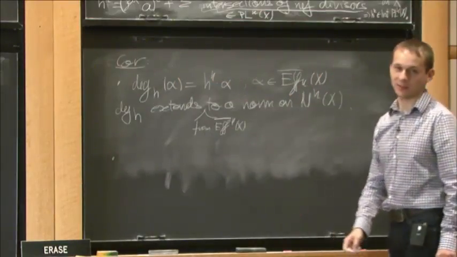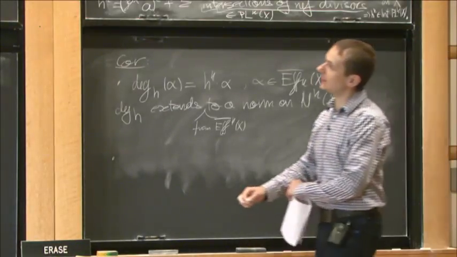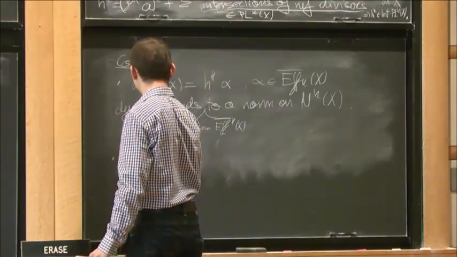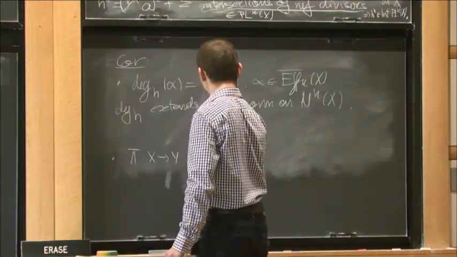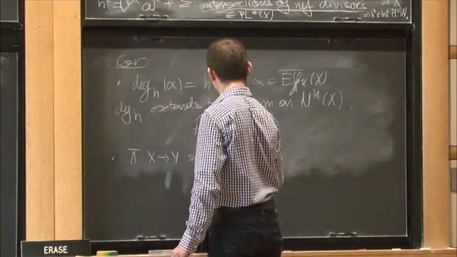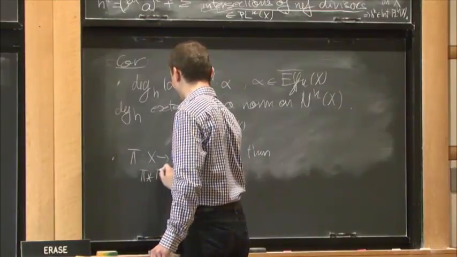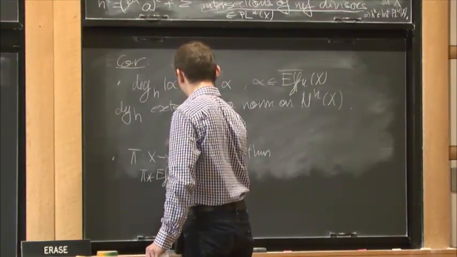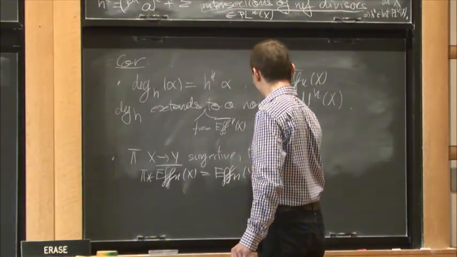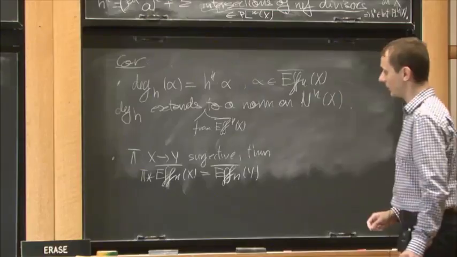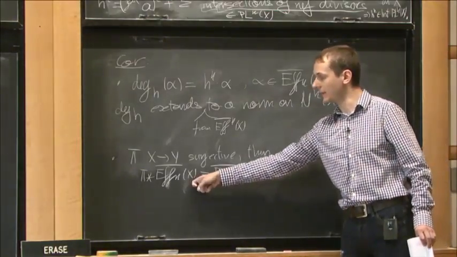So this interpretation turns out to be useful for some geometric statements, like the one that I promised in the beginning. So let's say pi from X to Y is surjective. Then actually we have that the push forward of the pseudoeffective cone of X is equal to the pseudoeffective cone of Y. So the improvement is that the pseudoeffective classes here, which are not effective, are also covered.